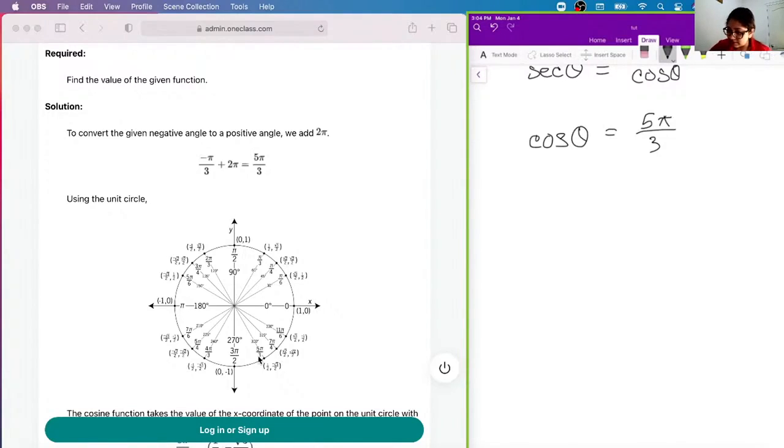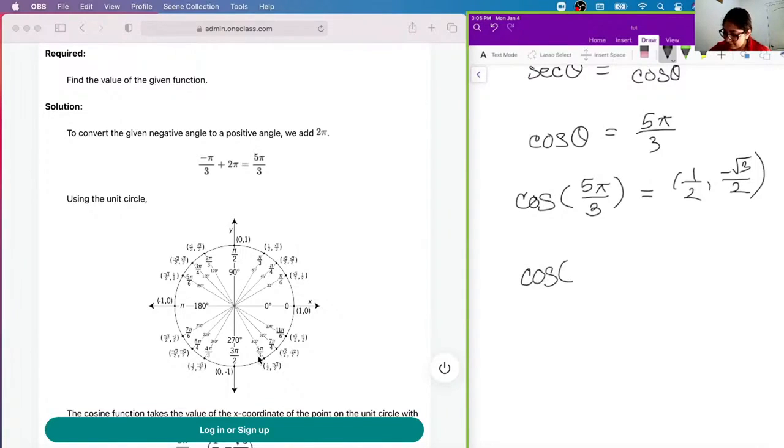So cos of 5 pi over 3 is equal to the coordinates right here, which is 1 over 2 and negative root 3 over 2, right? And so we are dealing with the x-coordinate here, we're always dealing with the x-coordinate, so cos 5 pi over 3 is equal to 1/2.